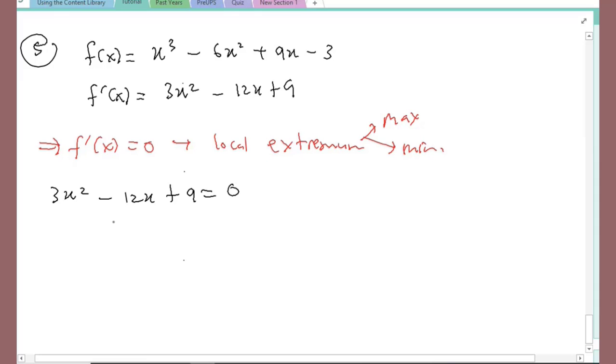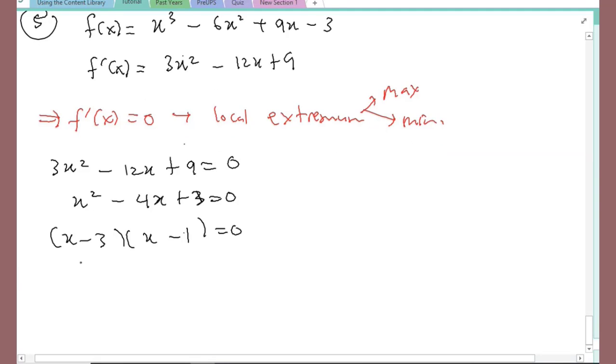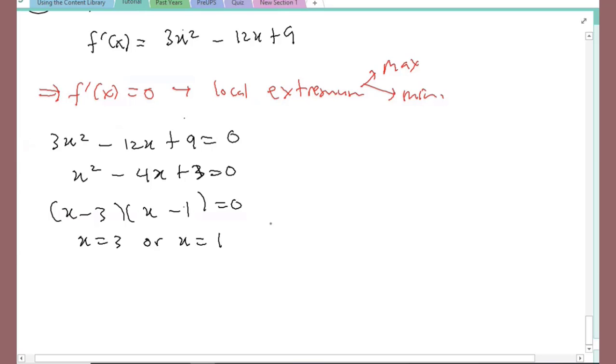Because it is an equation, simplify and factorize. Okay, x minus 3, x minus 1. And then x is equal to 3 or x is equal to 1. Two values for x, and check.